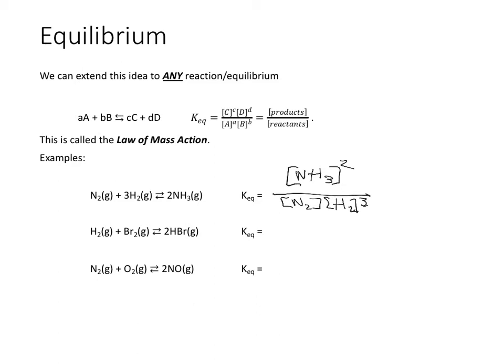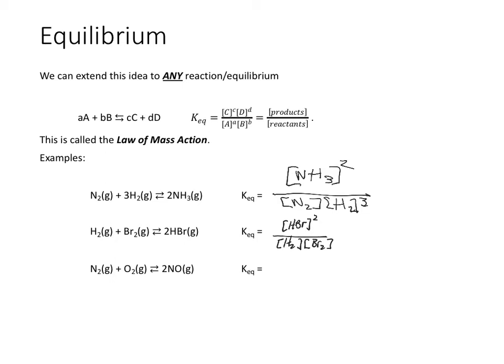The next reaction is 1H2 plus 1Br2 makes 2HBr. Notice then that we've got the concentration of HBr to the second power divided by the concentration of H2 times the concentration of Br2.